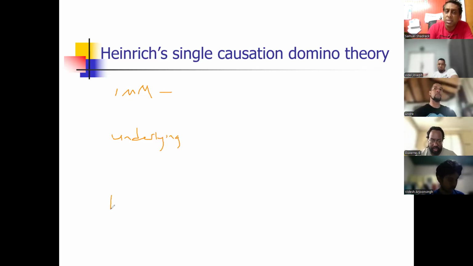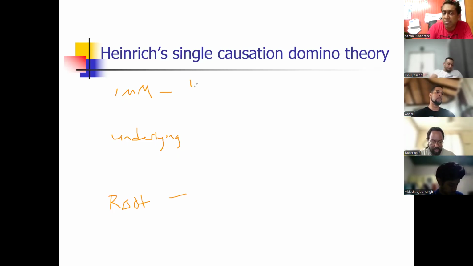So there are three causes of an accident. You have to be careful when they ask you which is which. So the immediate causes are due to unsafe actions and unsafe conditions. So if they ask you for immediate causes, you have to go through your case study and see what are the unsafe actions.